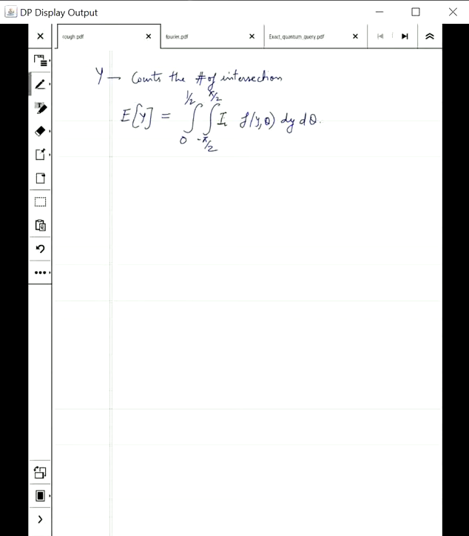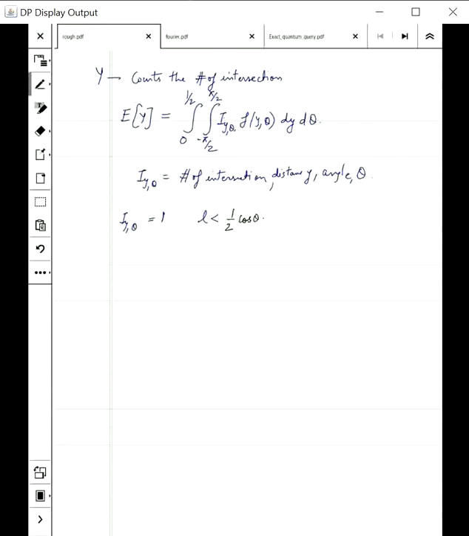So I(y, theta) is the number of intersections when the needle is at distance y and angle theta. A simple geometry will show you that the intersection I(y, theta) will be 1 if y is less than half cos theta.